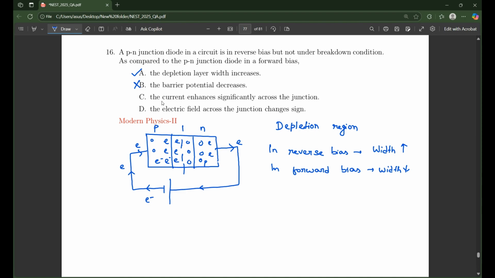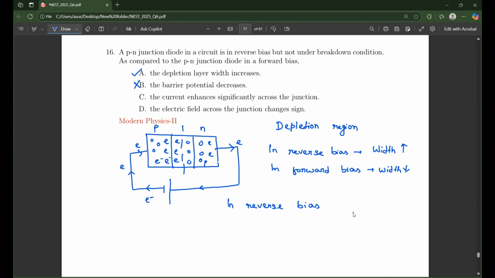Let's move to C. C says the current enhances significantly across the junction in reverse biased. Due to the increase of the width of depletion region, the holes from P side have to travel a larger distance to move to N side for conduction of current.